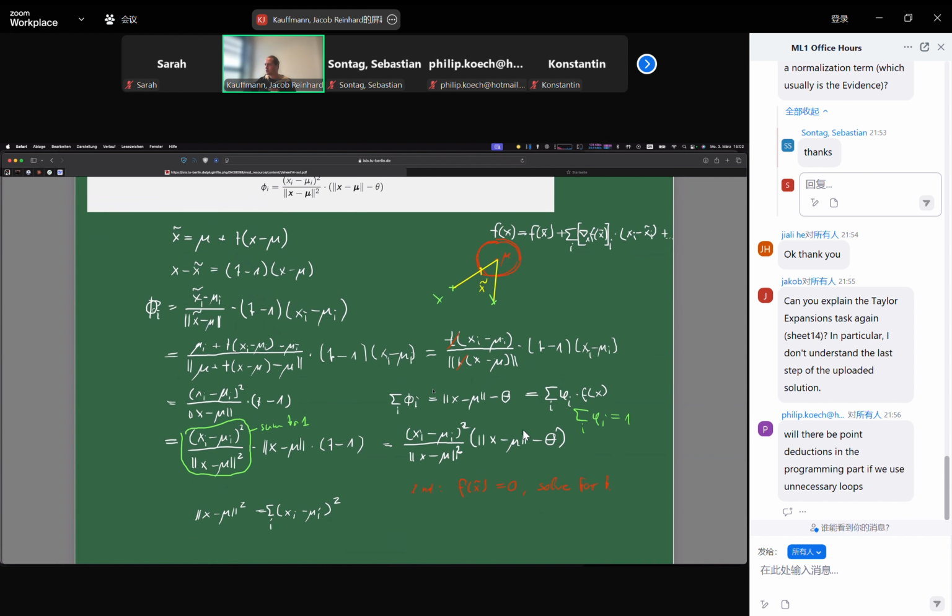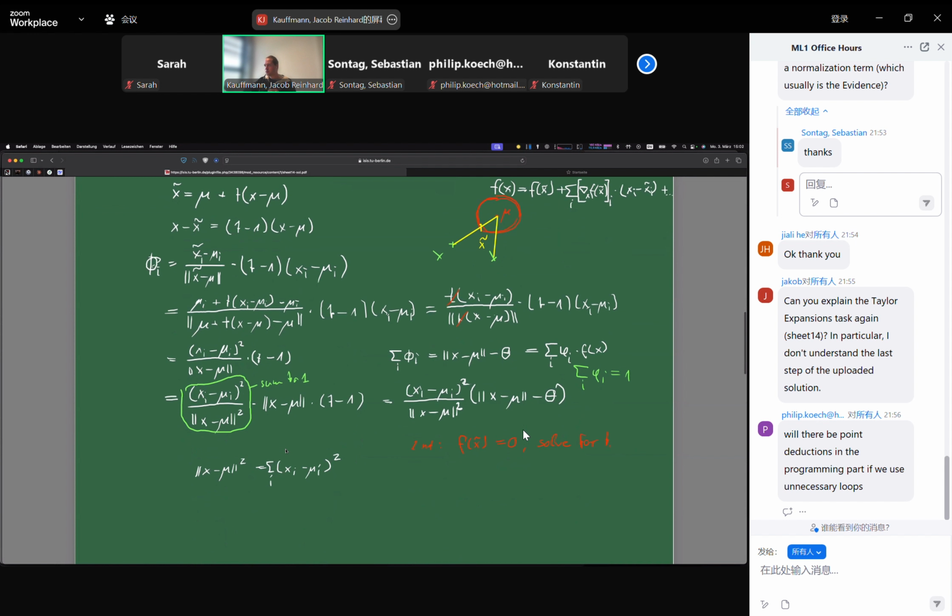Conservation again means that the sum over the phi_i is equal to f of x. Same as in Shapley values. So I agree, maybe there was this suggestion, there's a second approach, setting f of x tilde to 0 and then solve for t, and then you get the same solution.